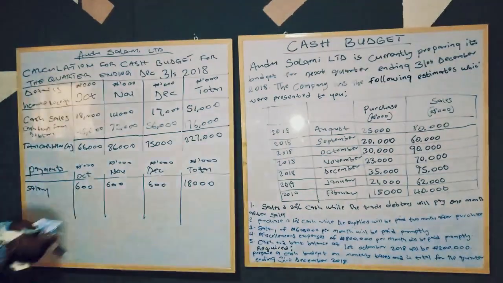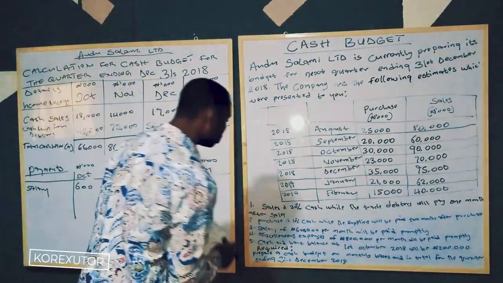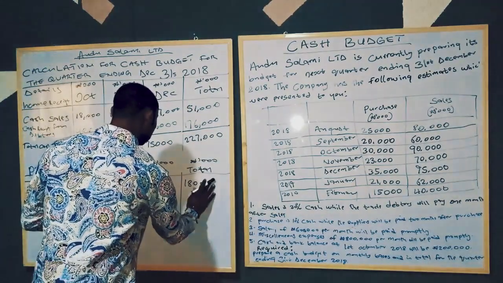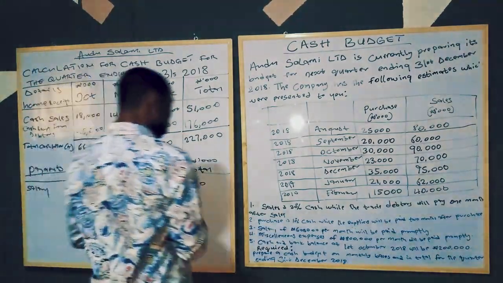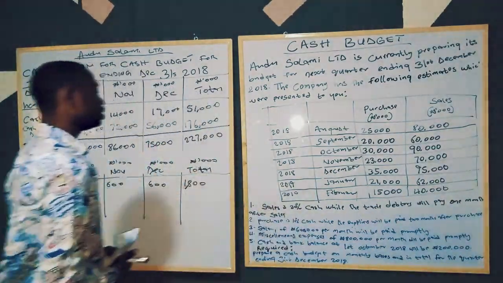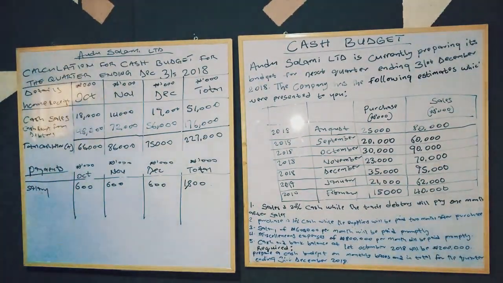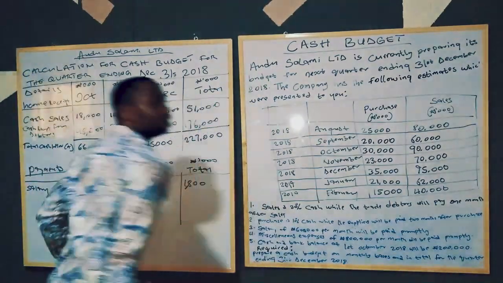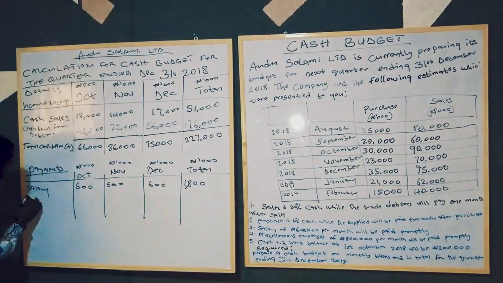Then what else do we have after the salary? Miscellaneous expenses, which is 800,000 per month. That is every month, the same thing as salary, so I just need to put it.